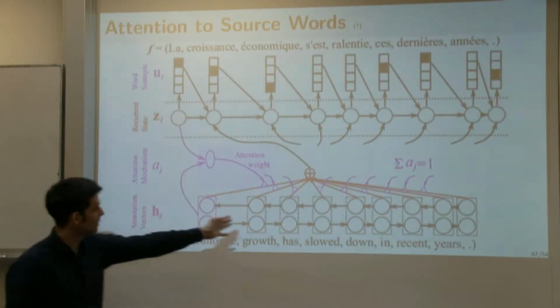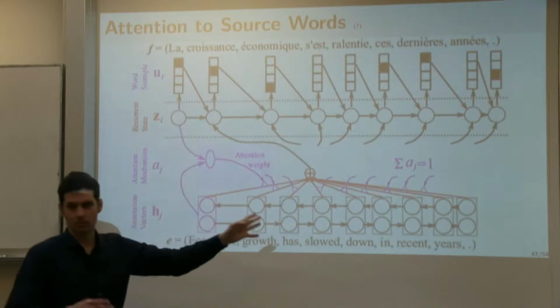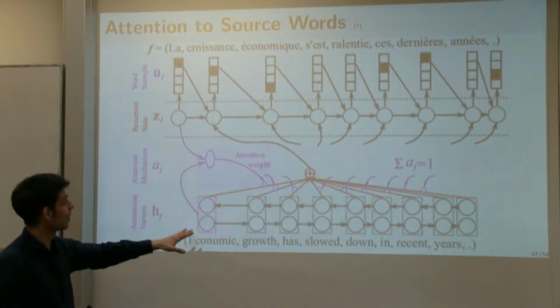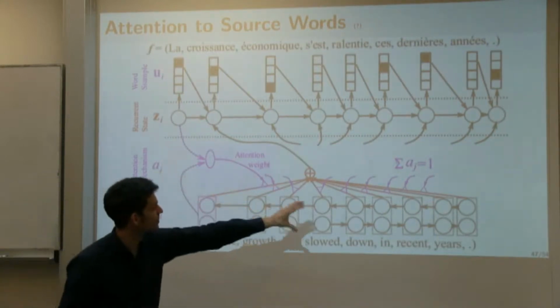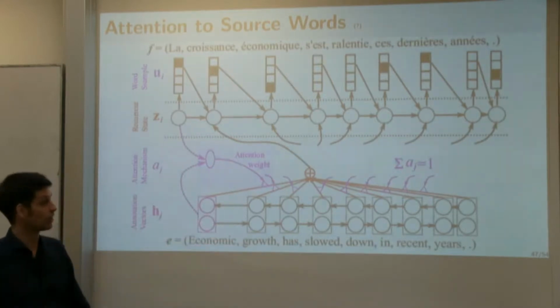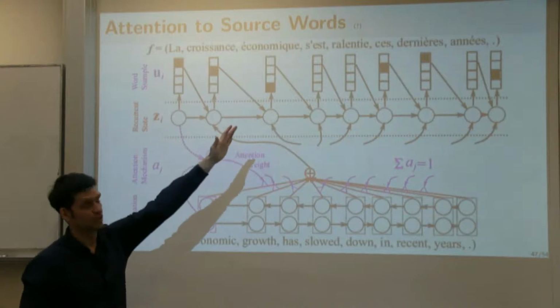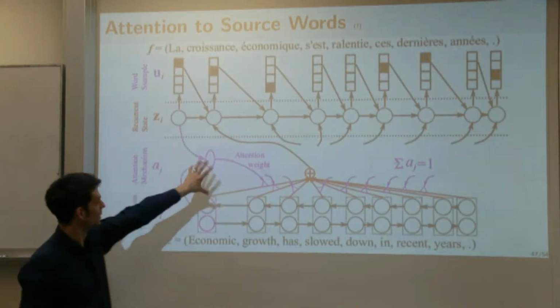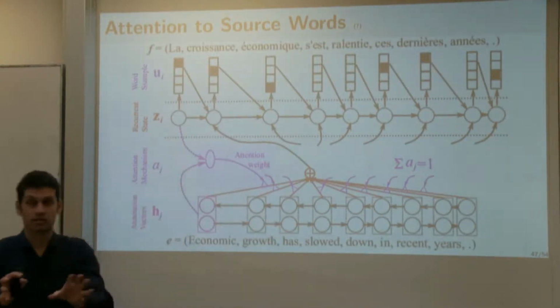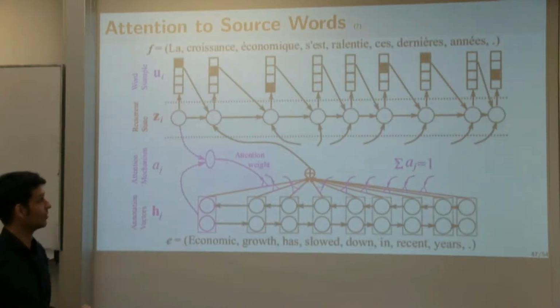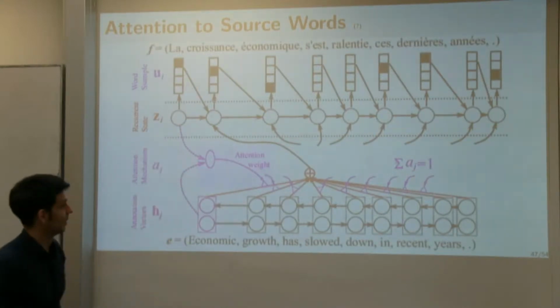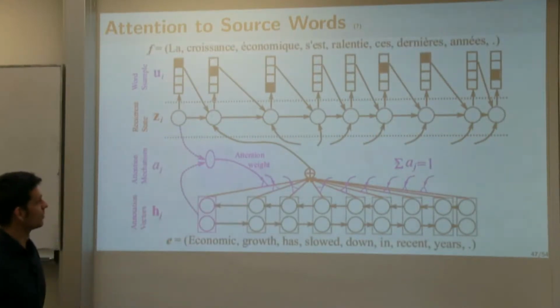You have the input sentence, you process it with a bidirectional recurrent neural network, and then you attend to these states that correspond to different words in the sentence, and then you are producing the output. This attention mechanism will always focus on another part of the input sentence as you proceed and produce the output.